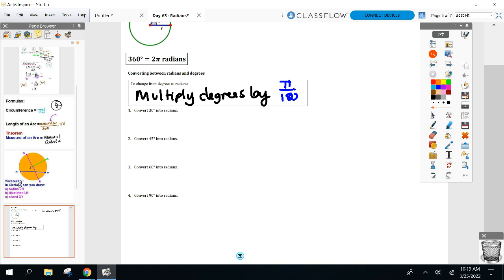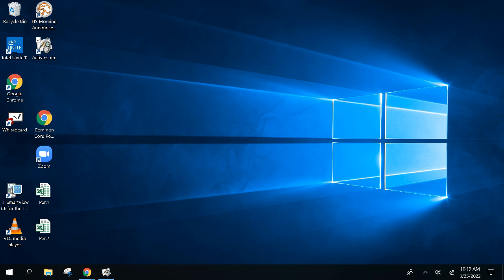Okay, so here we go. Let's do this for the first time. 30 degrees, put it into radians. So I take my 30 and I multiply it by pi over 180. And I'll do this with you too right now, because there's going to be a problem here that I'm not a big fan of.